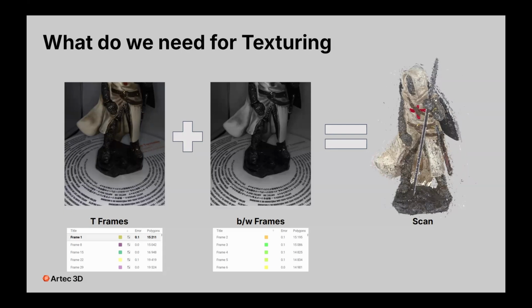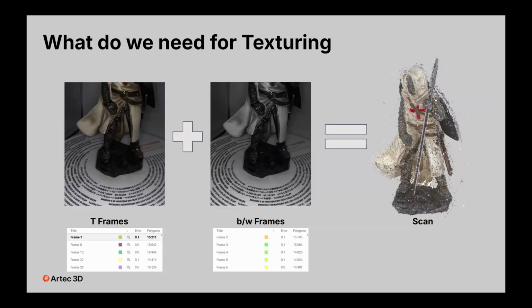Basically, in the context of today's webinar, we're mainly interested in the colored T frames that are going to be used for texturing. We collect both T frames and black and white frames for the optimization of the process. It's much easier to use black and white frames for tracking and for global registration, and this way we speed up those algorithms. And then we're able to use the colored texture frames in order to recreate color.